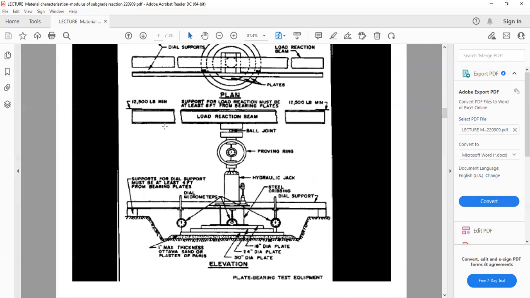Let's look at the test setup. In order to conduct the test, we have to dig a trench that is normally 1 meter by 1 meter by 1 meter deep.